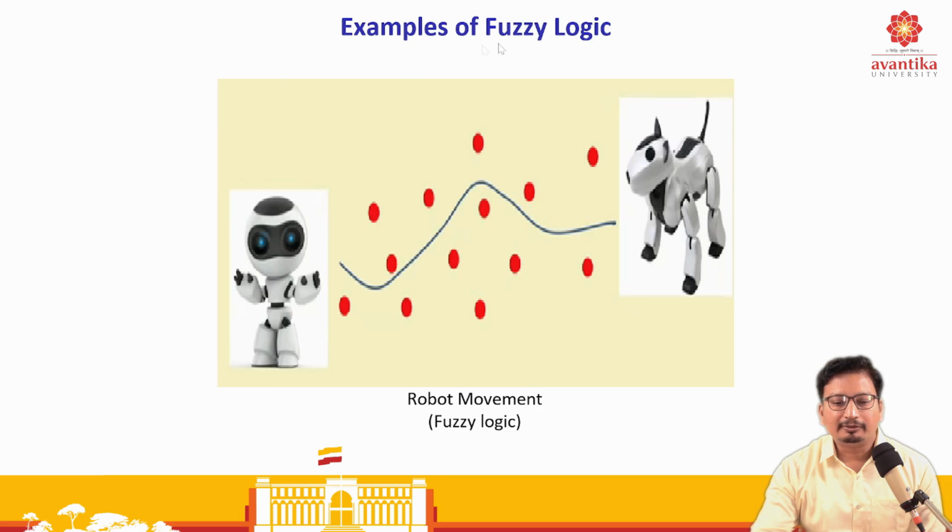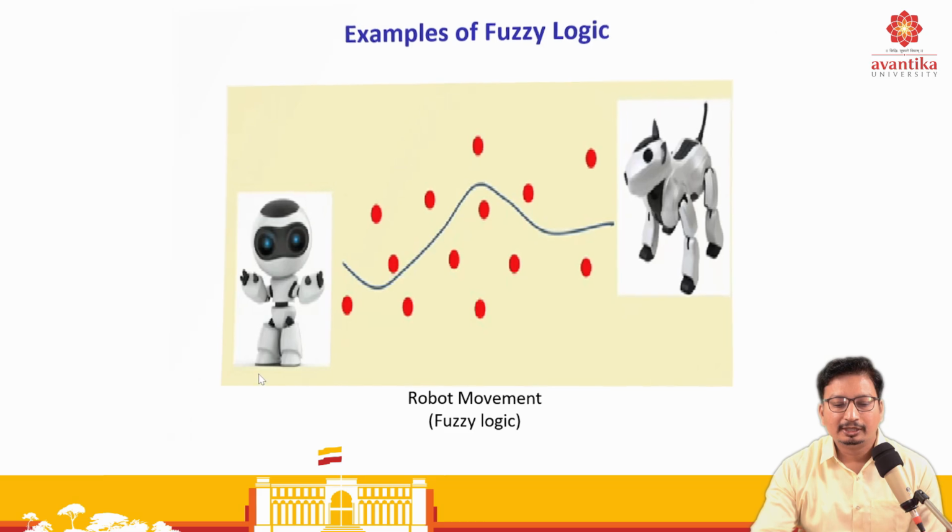So let us understand the concept of fuzzy logic with an example. Here in this slide we can see that a robot is there and there is a path, and in between that path so many hurdles are there. As we can see in this slide, the red dots are representing the hurdles, and the robot wants to move from source to destination.